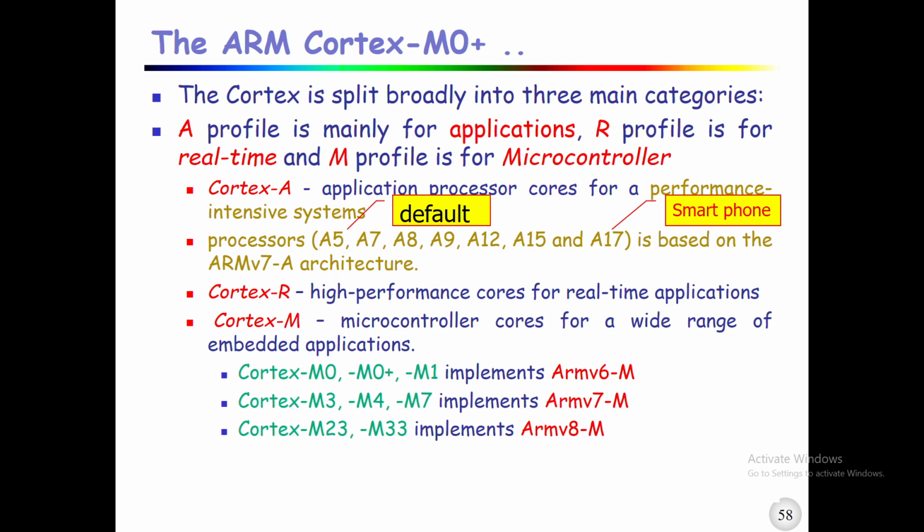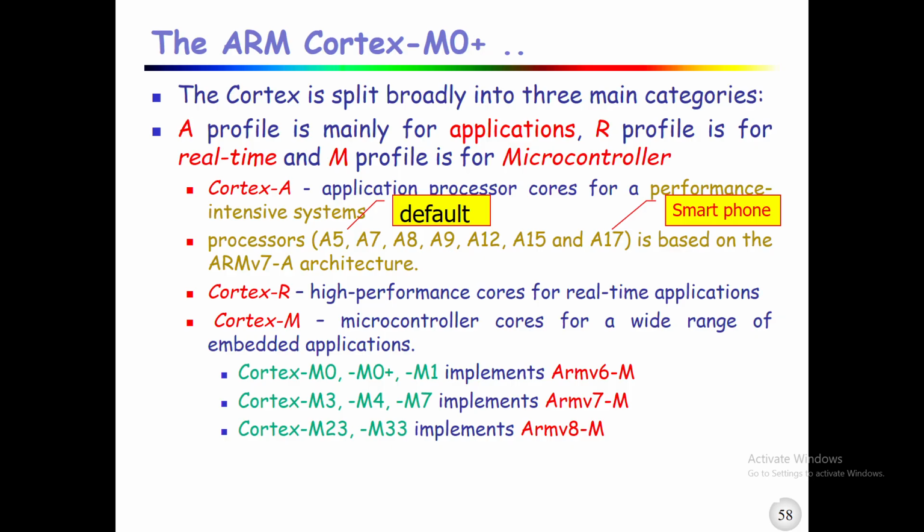The other architecture is Cortex R, which is preferably used for high performance. If you have tasks which are performance intensive, we'll prefer to use the Cortex R profiles.